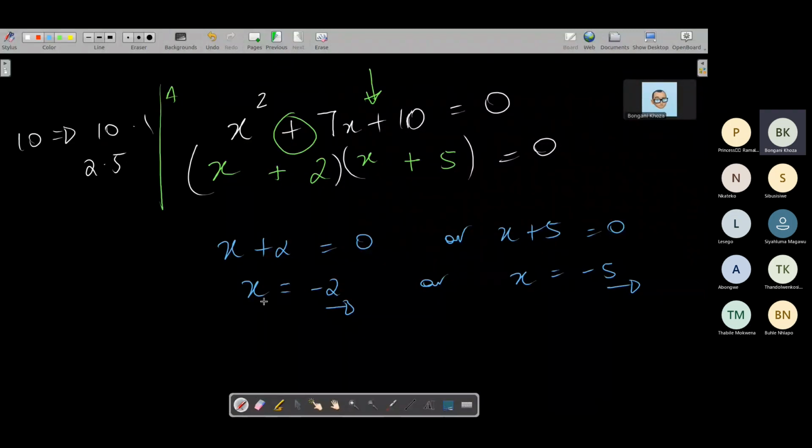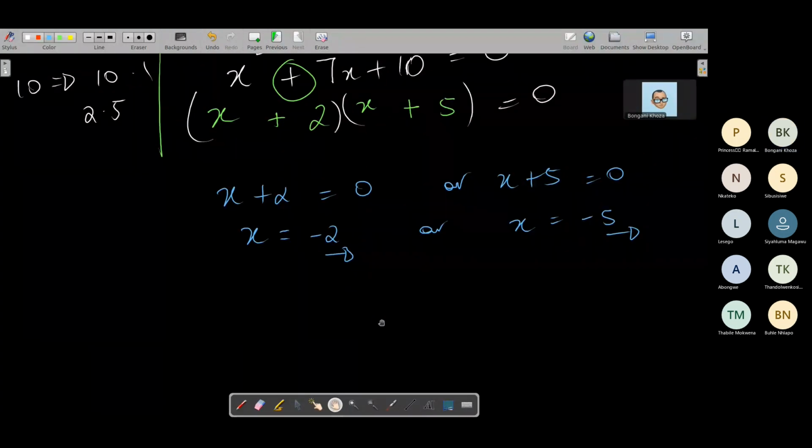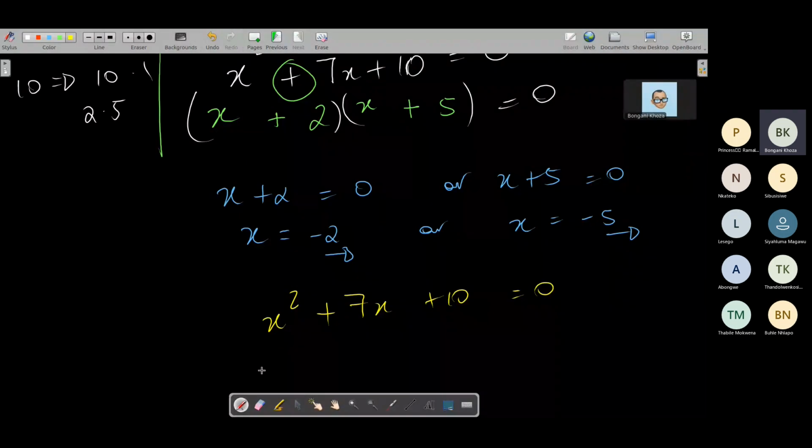Remember, if we plug that into our original equation, we're supposed to get 0. So the original equation was x squared plus 7x plus 10. This has to give us 0. You focus on one solution first. You don't plug in both -2 and -5 together.